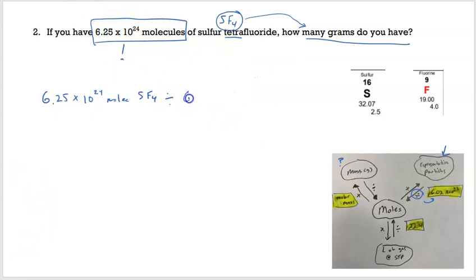So let's try that again. 6.02 times 10 to the 23rd molecules per mole, dividing molecules by molecules, so that's going to give me, let's see, 10.38 moles of SF4. Okay, so now I am here in moles.